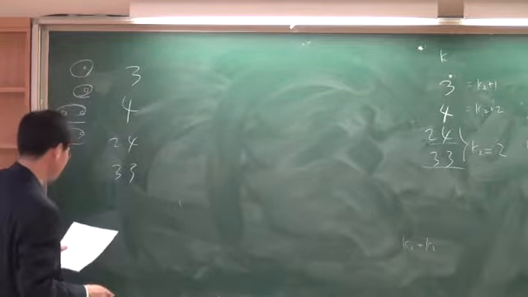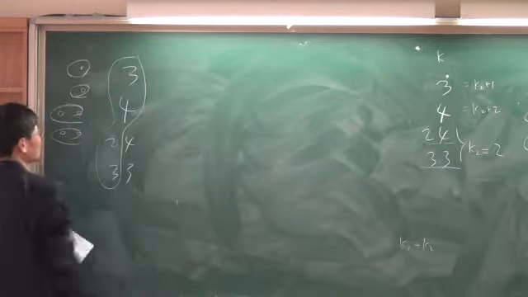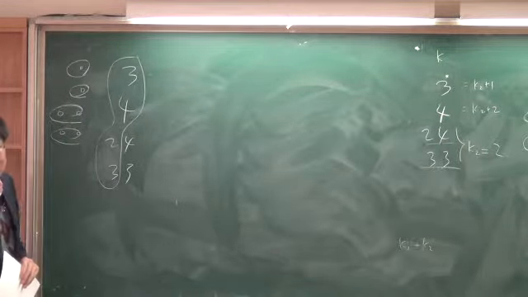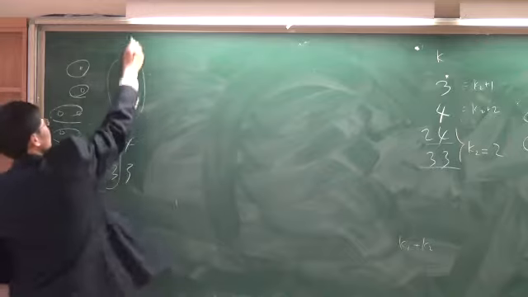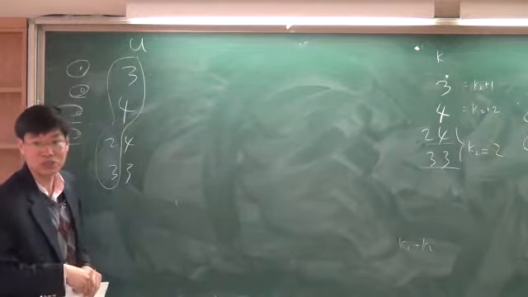So here, what happens if Alice presents and selects this way? This is U. Then we have two choices.